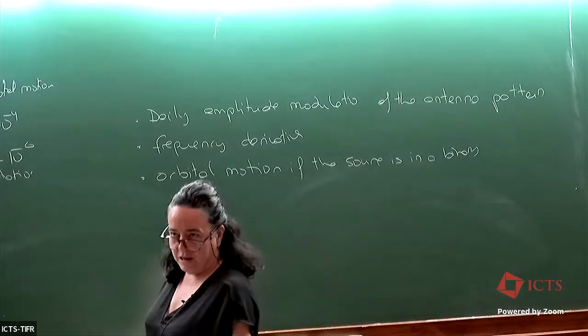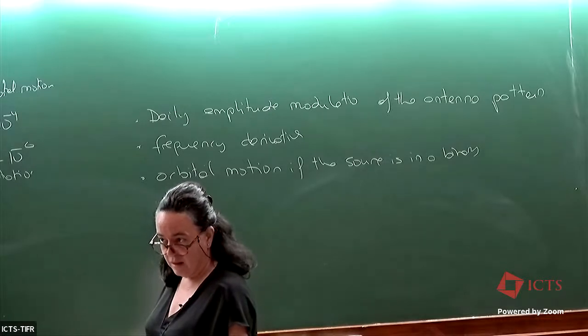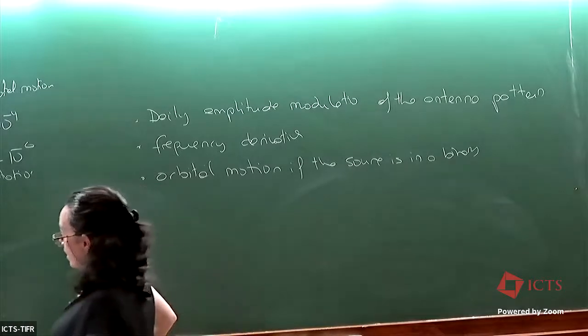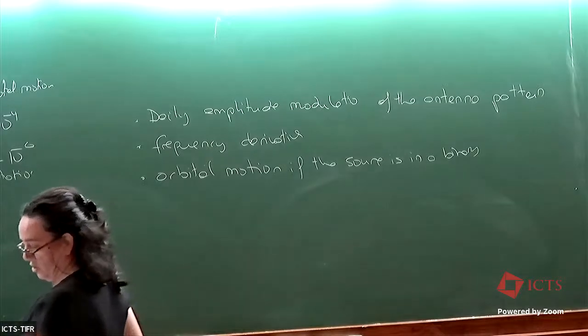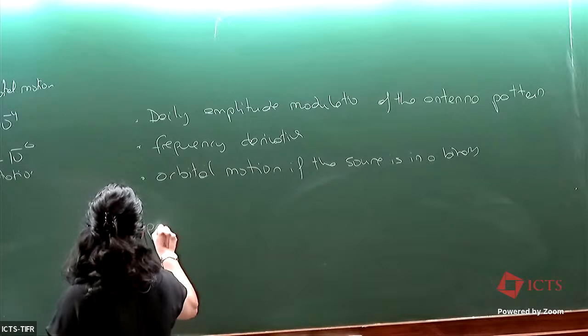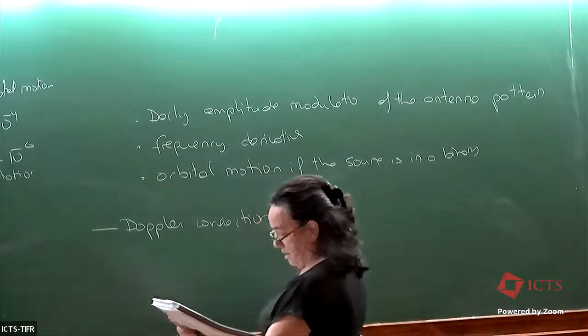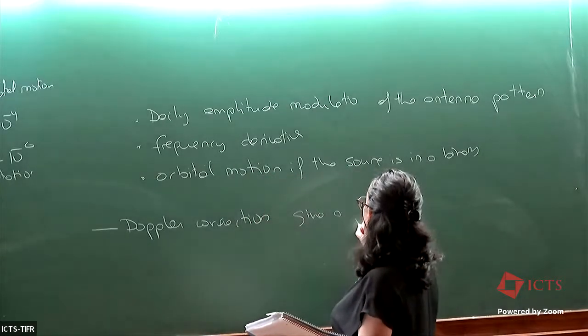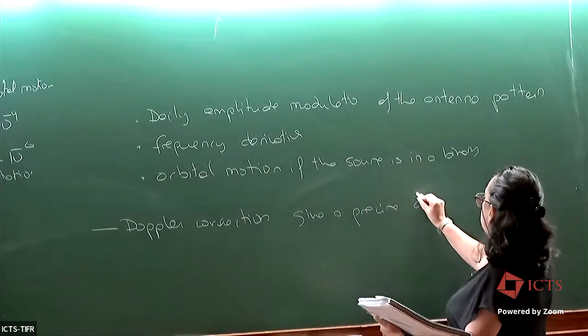Not everything is too bad with these kinds of sources that we have to observe for such a long time. I mean, there are also some advantages due to these Doppler modulations. Some of the benefits of having these Doppler modulations is that the Doppler corrections give a precise direction of the source.